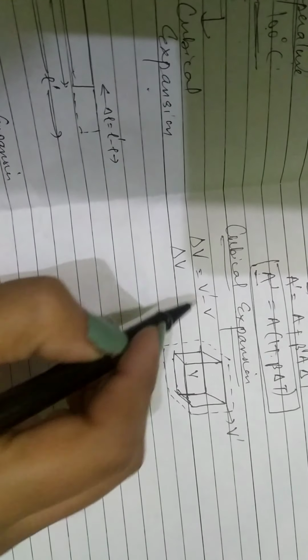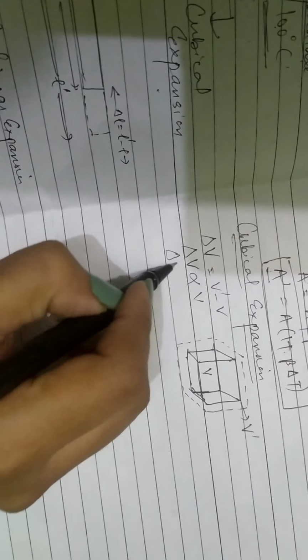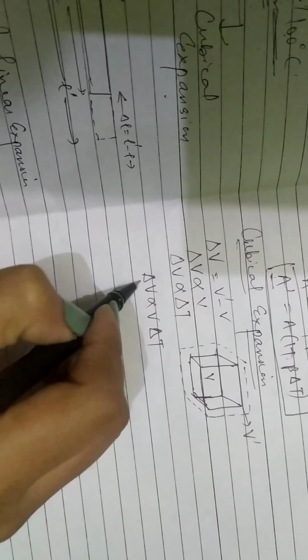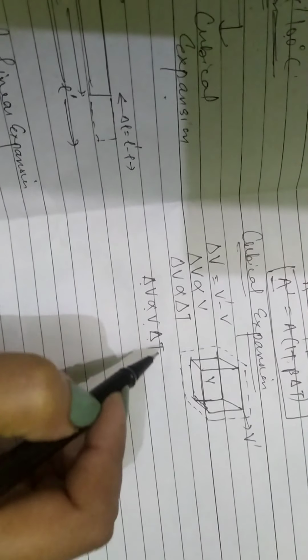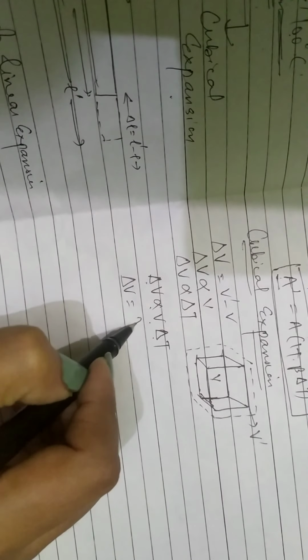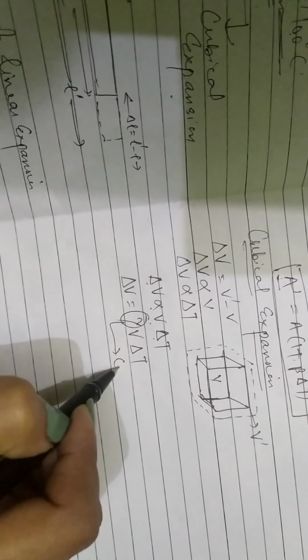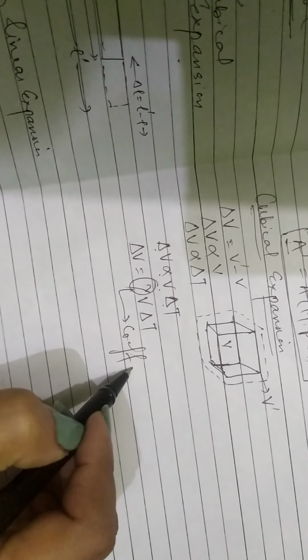Again, experimentally it was observed that delta V is proportional to V, and delta V is proportional to delta T, the rise in temperature. So combining these, delta V is proportional to V delta T. By removing the proportionality sign, with a constant gamma, delta V equals gamma V delta T. This gamma is called the coefficient of cubical expansion.